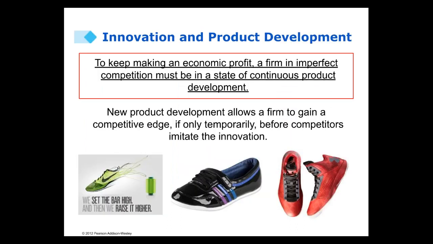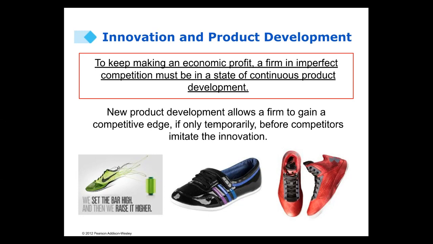And so firms in imperfect competition invest in new product development. They invest in innovation, and they try to make an economic profit by being in a continuous state of new product development.